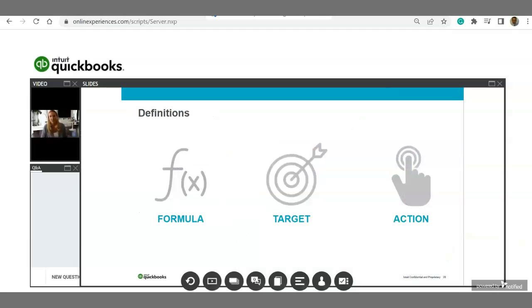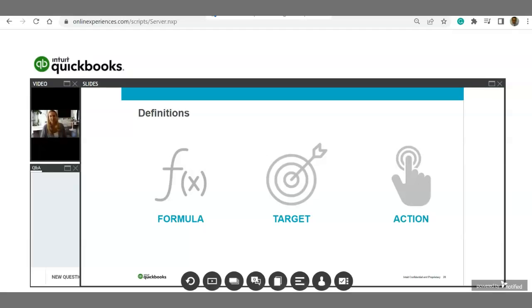Also, as we look through and discuss the financial ratios today, I'll be using these symbols. These are not symbols used anywhere else. They're just ones I picked to use for the purposes of this webinar.